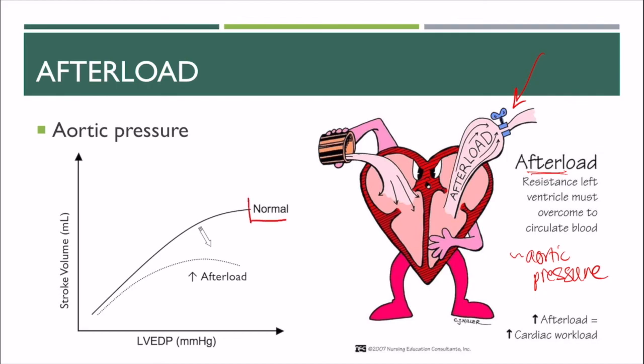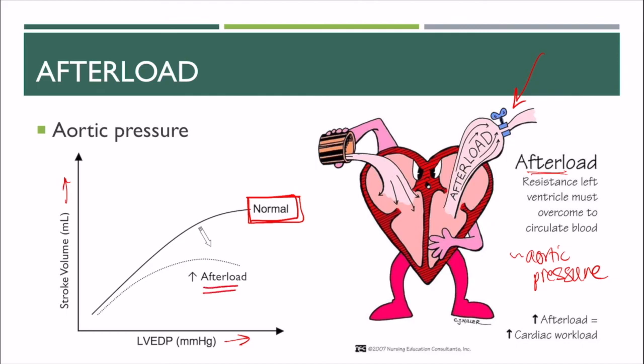So the normal line is the line from the previous figure: as the end diastolic volume goes up, stroke volume goes up. Obviously, it's a little bit more than you'd expect because of the benefit of Frank-Starling.